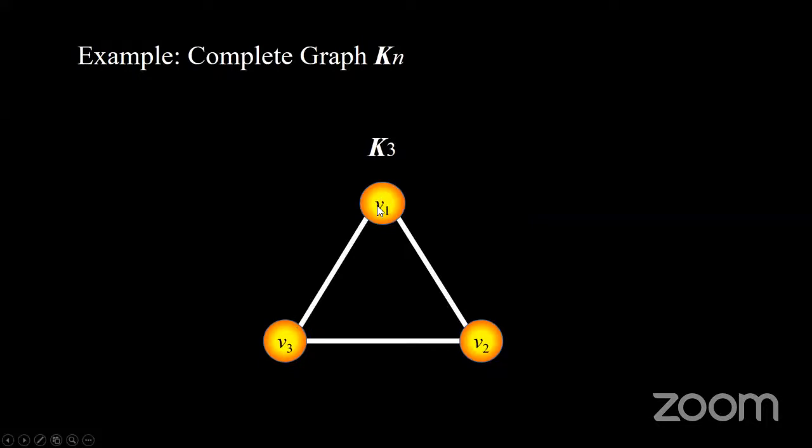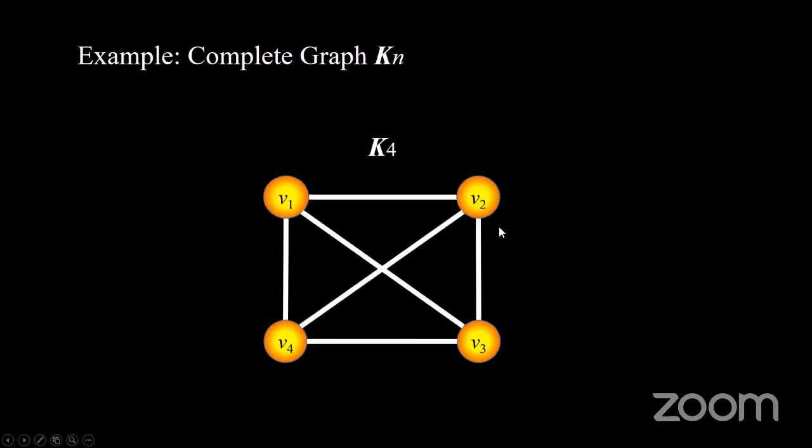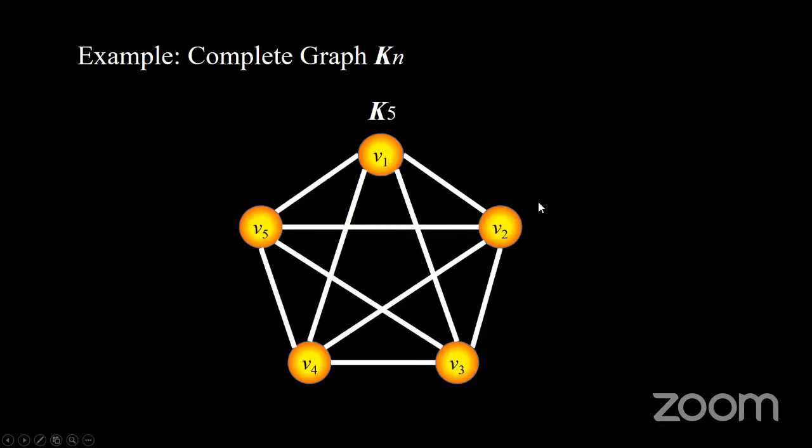V1 and V2, there is an edge. V1 and V3 also there's an edge. V2 and V3 also an edge. This is K4, so for all the vertices there's an edge. For example, V1 and V3, this edge. V2 and V4, there's that edge. Yeah, and this is K5.